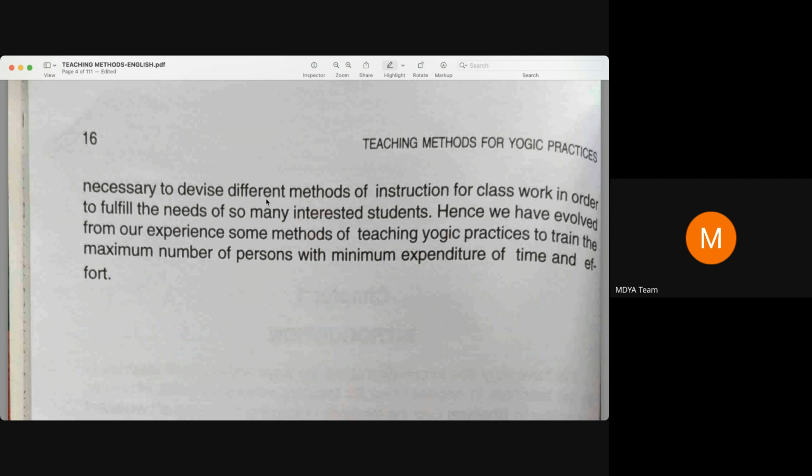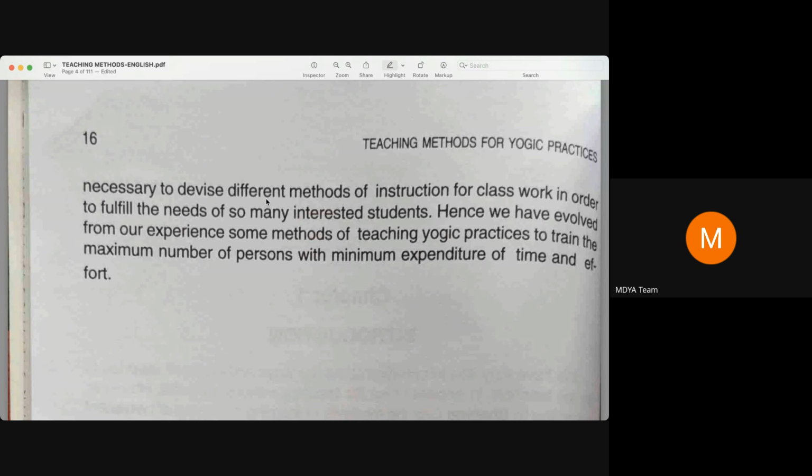to fulfill all the needs of those interested students. One more thing: only those students in our ancient times came to the teacher who had a high trust for the knowledge. That's why they did so much work for their teacher and his family also, without asking anything from the teacher, just the knowledge.